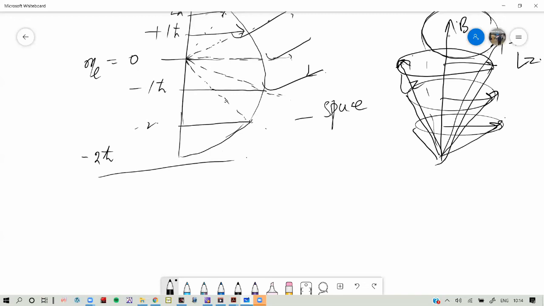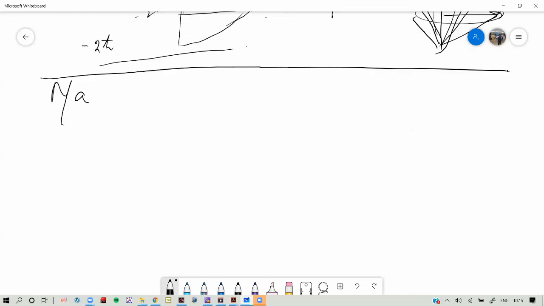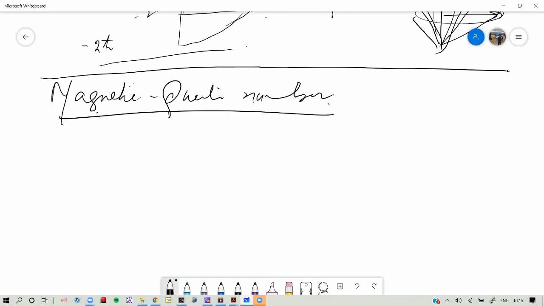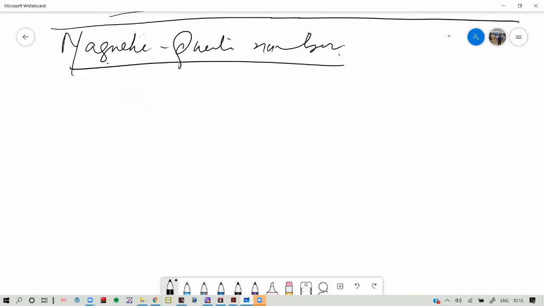It is also called the magnetic quantum number. Remember that ml is the magnetic quantum number. And it actually gives the quantization of the magnetic energy of electron, because the electron gains an energy in the external magnetic field. So it is also called quantization of the magnetic energy of electron. That is why sometimes it's called the magnetic quantum number.